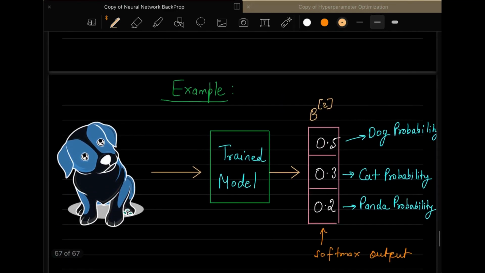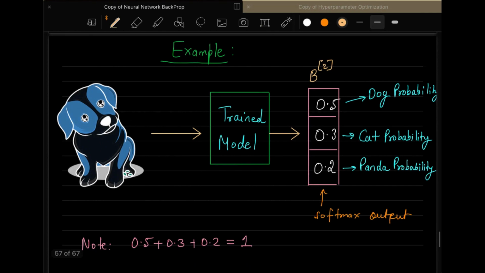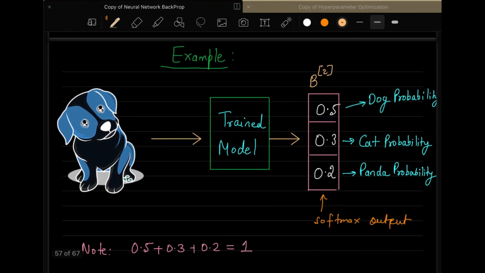Okay, so there is a small example that is just showing you what I was telling. If you have a dog image over here, then during the trained model, what you are getting at the output is the B2 vector, which I have written directly; we will be having an A2 here, and then we are transforming it using softmax to this vector. You can see the probabilities are given as 0.5, 0.3 and 0.2.